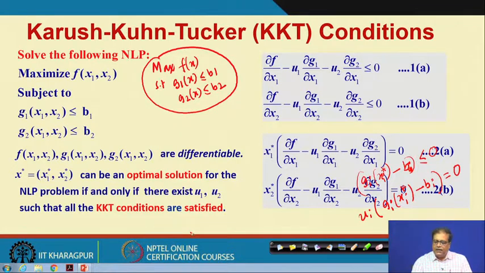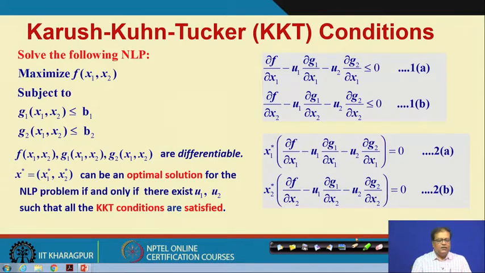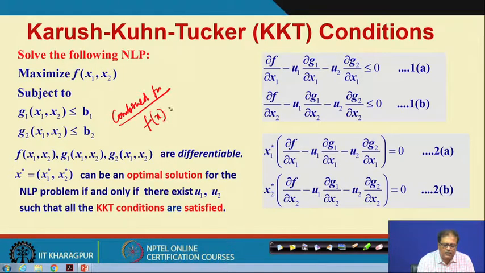So, let us see once again what exactly these conditions are. For the first condition, suppose I write a function, let us call it the combined function. The combined function is f(x) minus u1 g1(x) minus u2 g2(x).